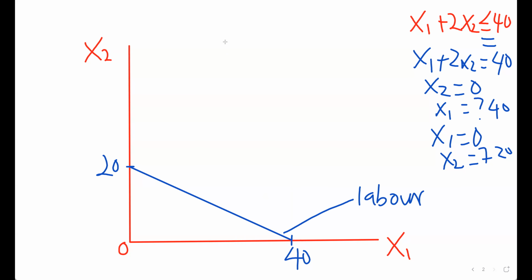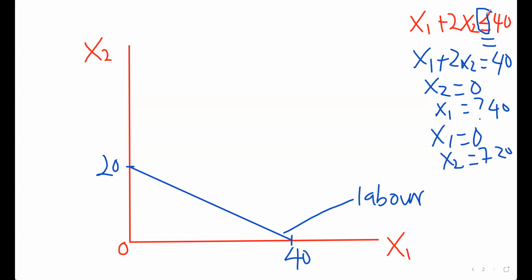The line itself is when the equation is equal to. The labor constraint area is the line plus the space, and that is when it is less than or equal to.